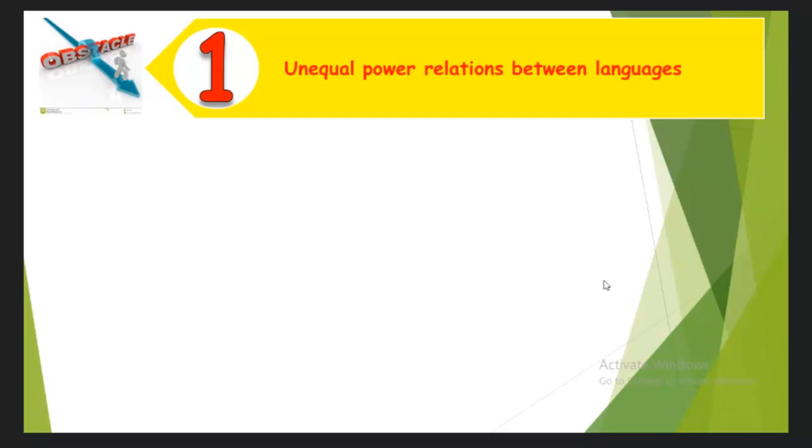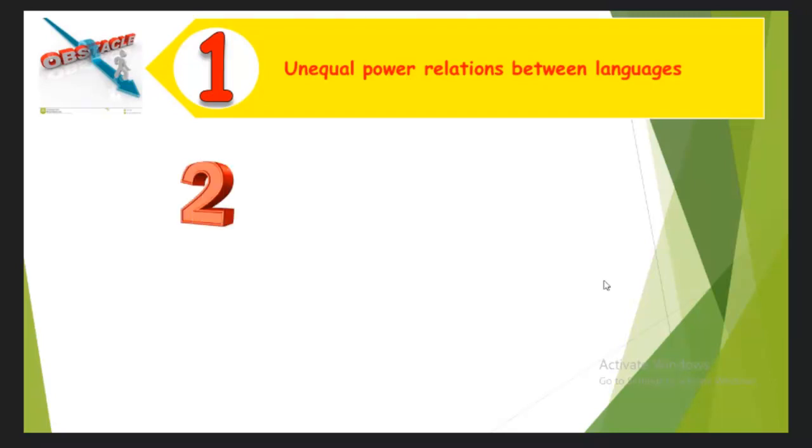It means that although people are trying to make space for plurilingualism, they must be qualified in light of unequal power relations between languages. When you have the knowledge of many languages, but one or two of them are more powerful or more influential than others, right?